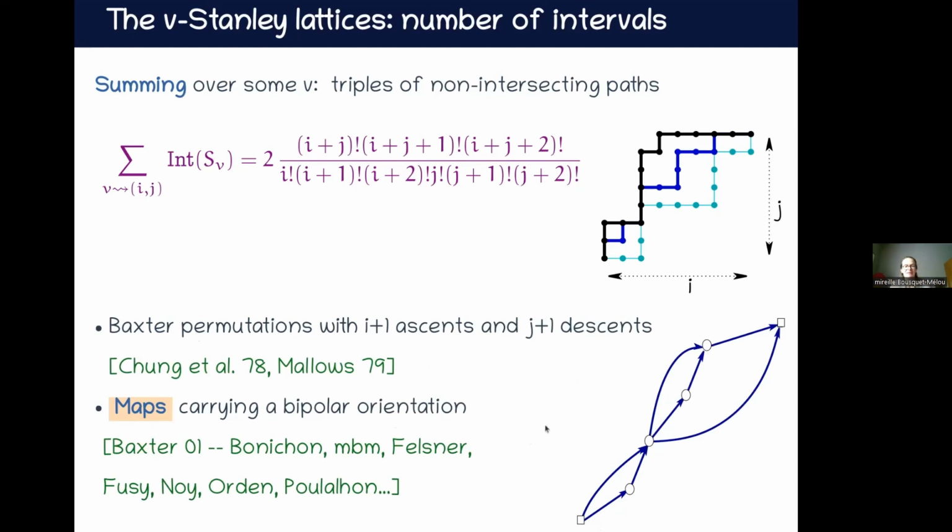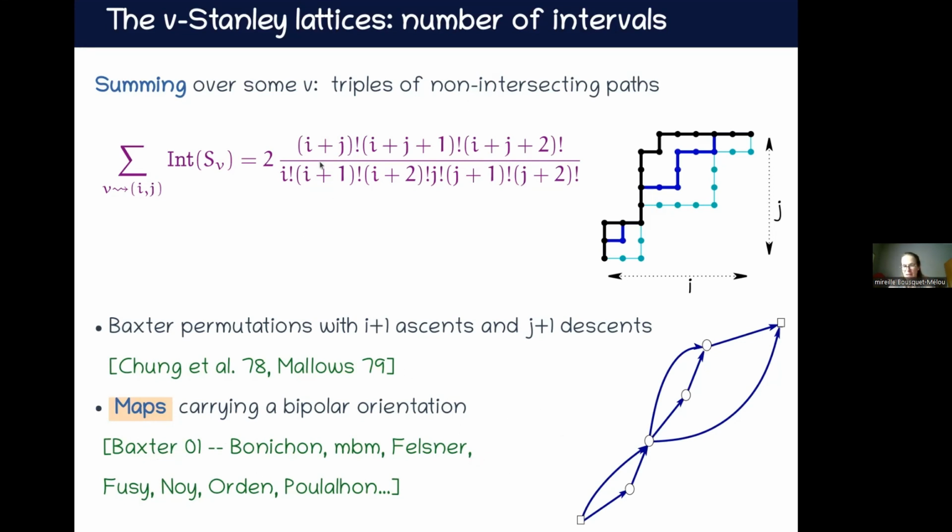And there's a slightly funny story to tell about these numbers, namely the first person who tried to count such maps is a famous theoretical physicist named Rodney Baxter. And he used recursive decomposition, functional equations and whatnot to get these numbers.